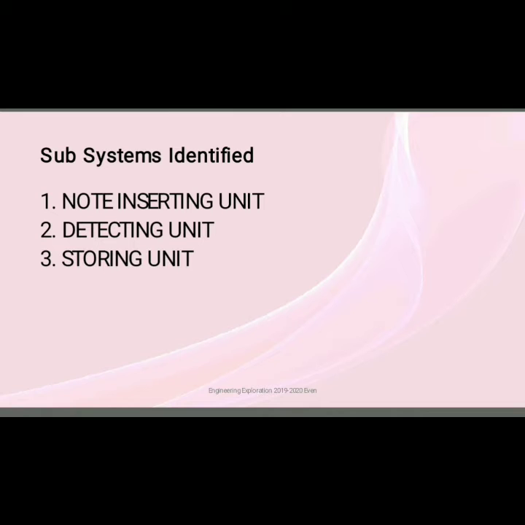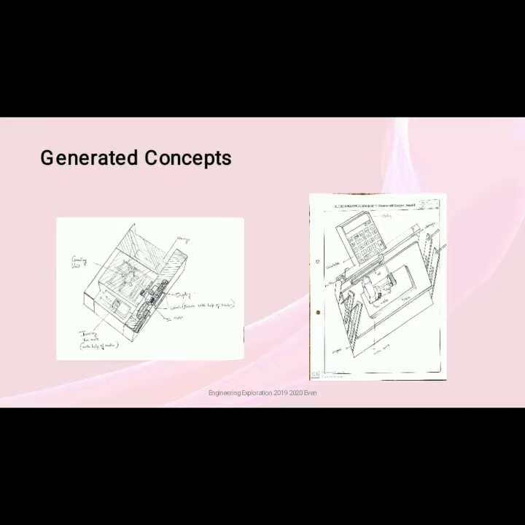To get a particular design or model according to the problem definition, we have identified three subsystems. First one is the note inserting unit, second one is the detecting unit, and the third one is the storing unit. Based on that, we have generated four conceptual designs. As you can see, these are the four conceptual designs as per the customer's requirement.